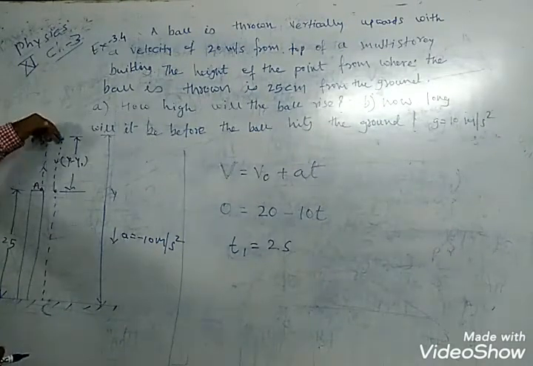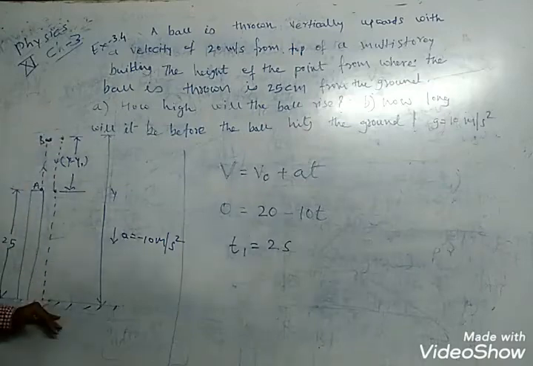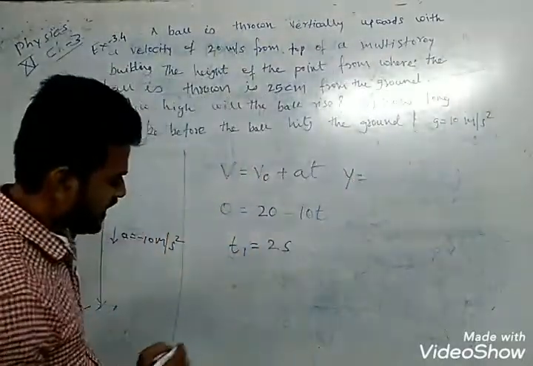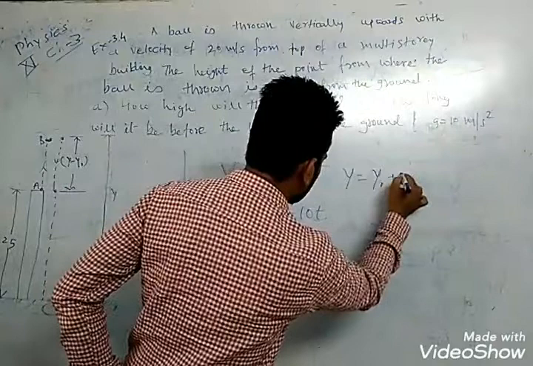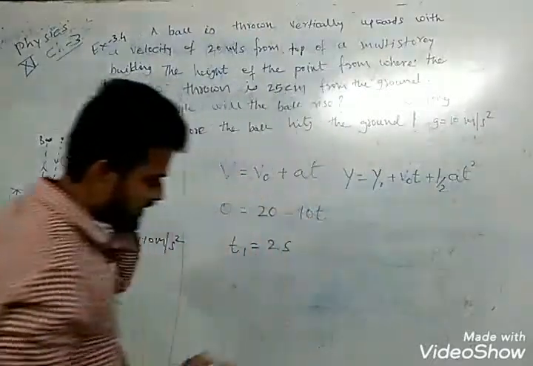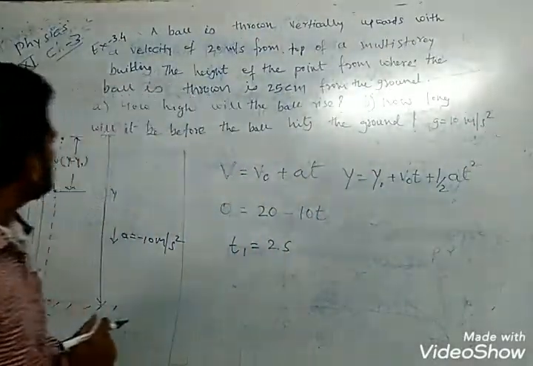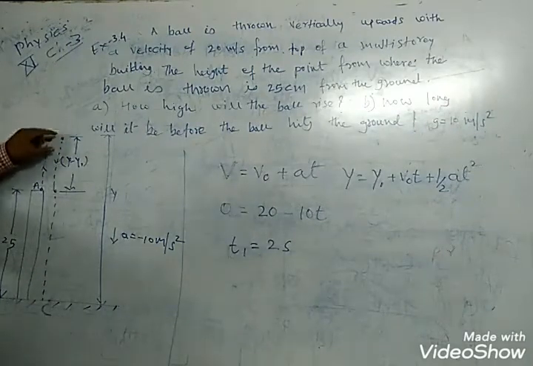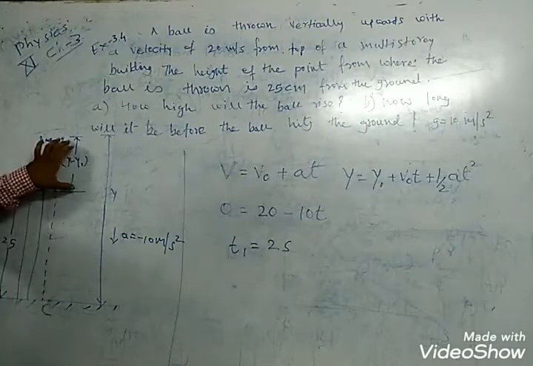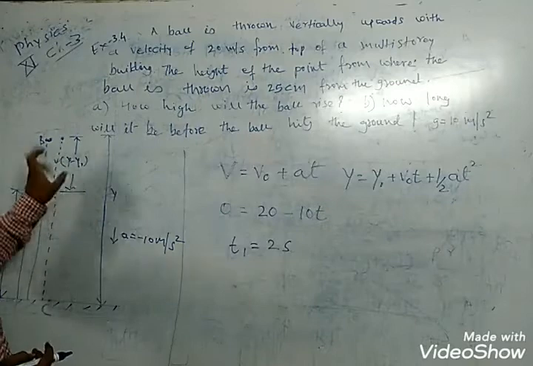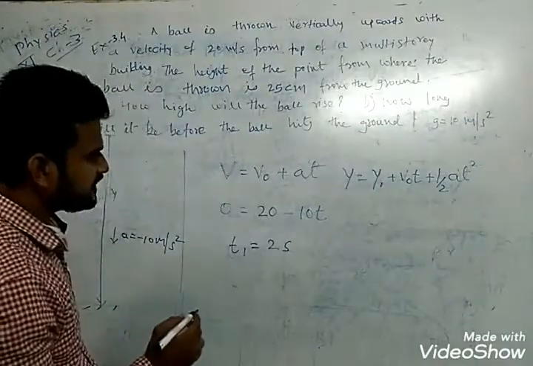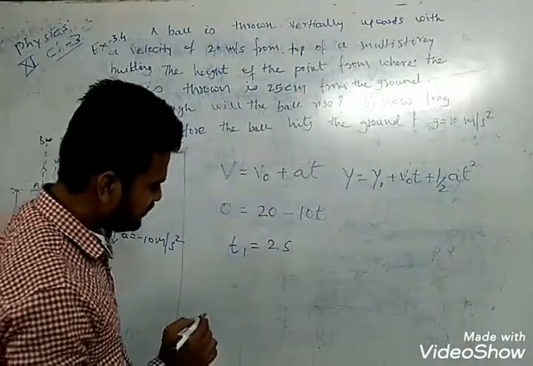Now the second portion, B to C. The next equation is y equals y0 plus v0 t plus 1/2 a t squared, because the ball is in free fall from point B to the lower position, with acceleration due to gravity.